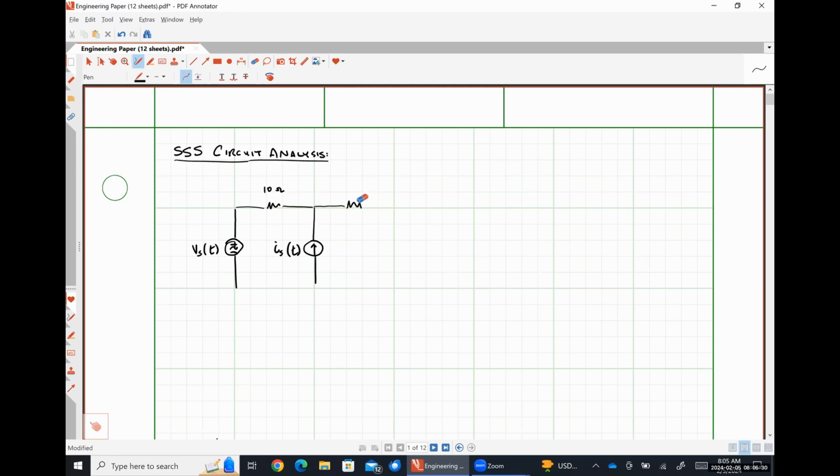Let's make this an inductor, actually. 2 henries. And here will be some capacitance. Let's make this guy a third of a farad. And finally, let's put that in parallel with another resistor, which will look like 5 ohms.